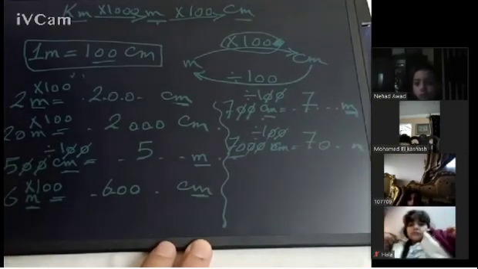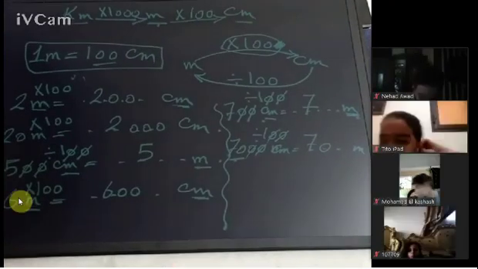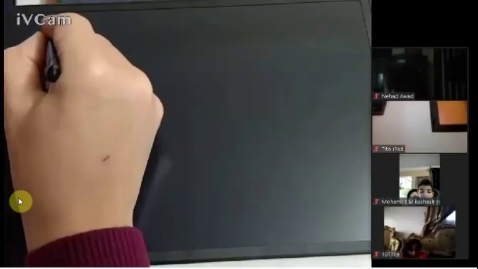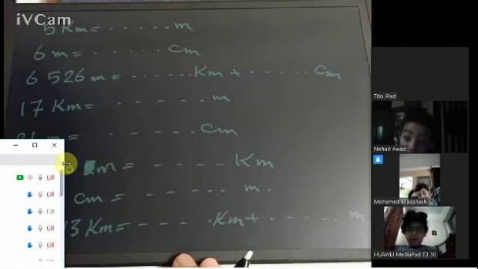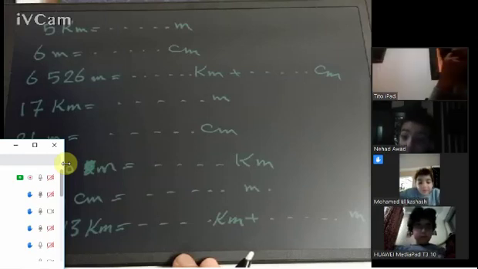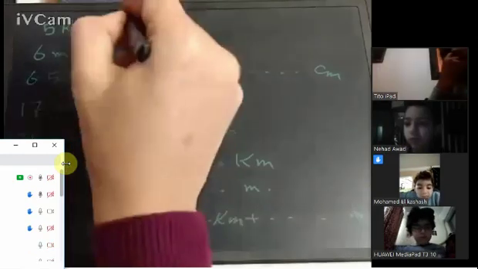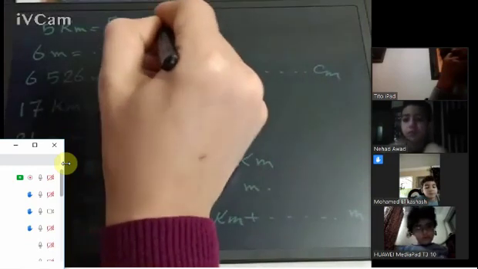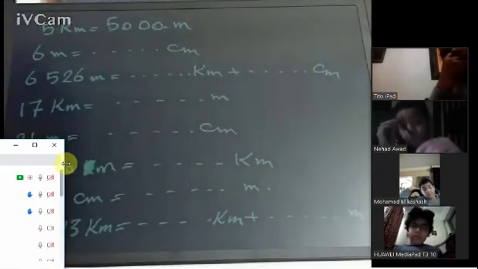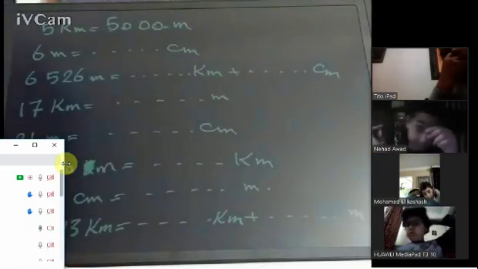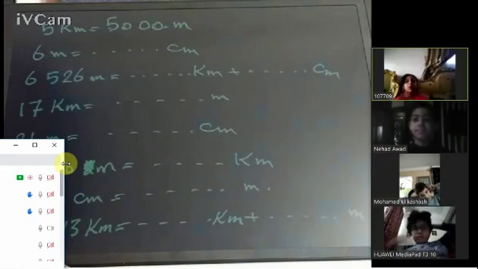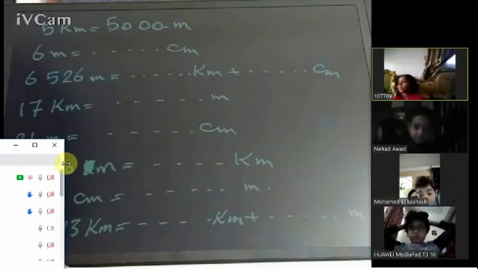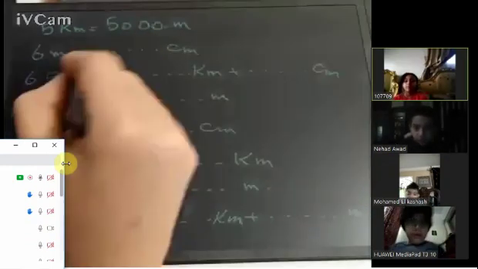Okay. Farida, have you finished? Yeah. Okay, I will move to the next part. Muhammad? 5,000. Layla? 600.